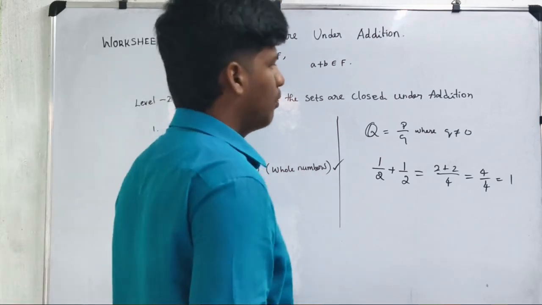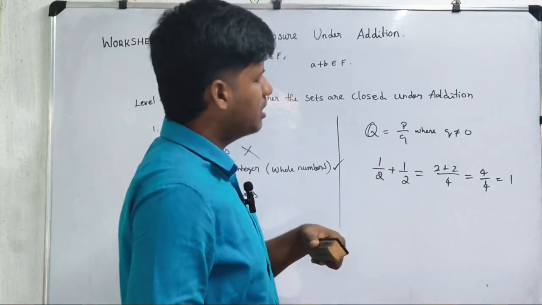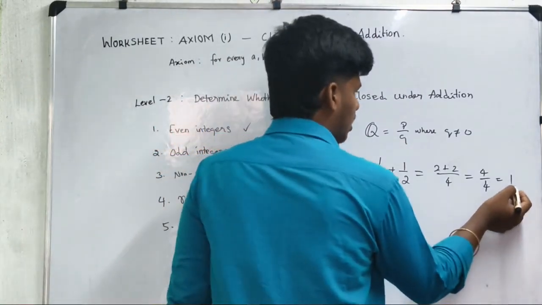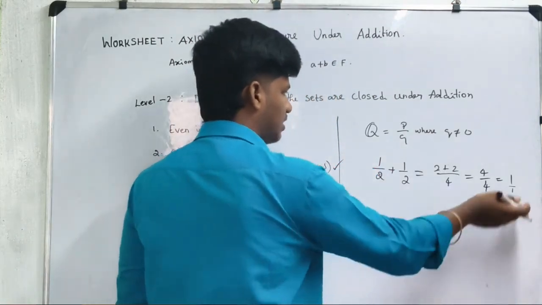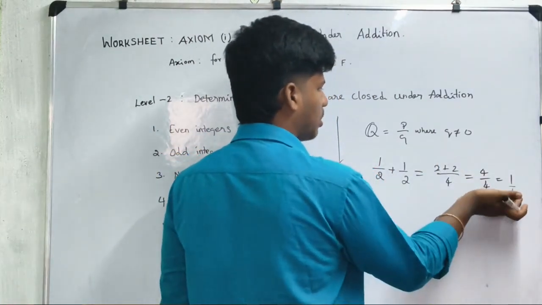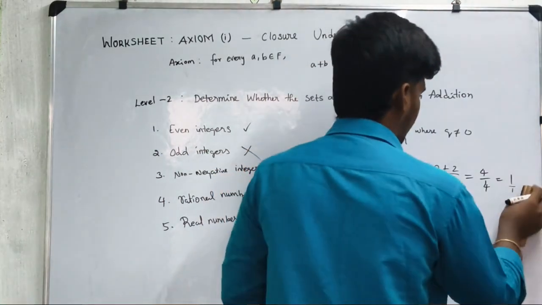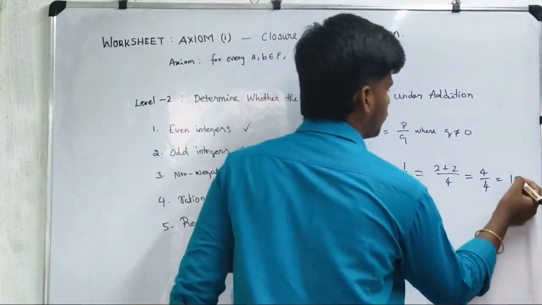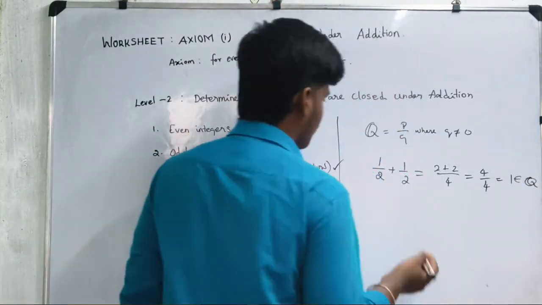Is 1 in the rational numbers or not? Yes, it is, because the denominator can be 1, so it is of the form p by q where q is not equal to 0. So 1 also belongs to Q.